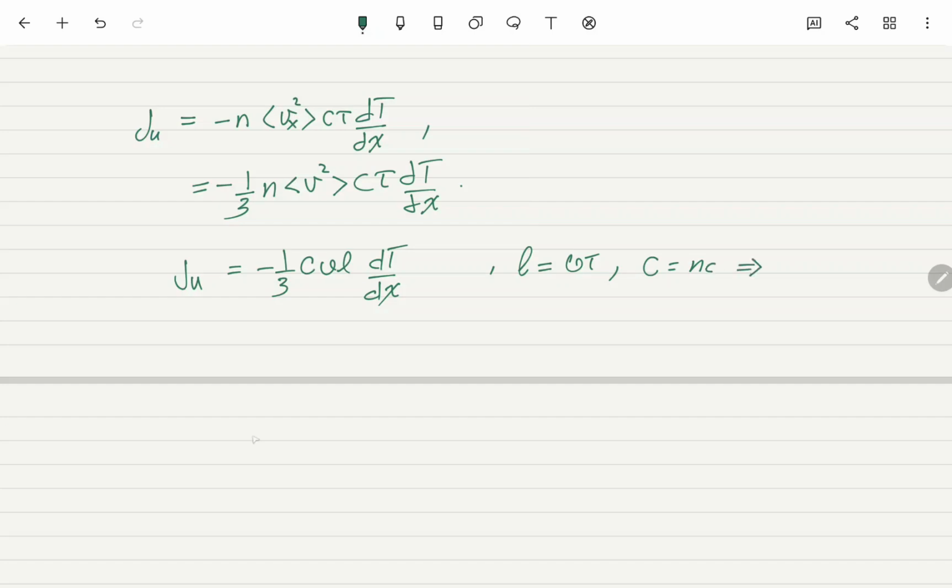Then K equals 1 over 3 C v L, and K in this case is the thermal conductivity.